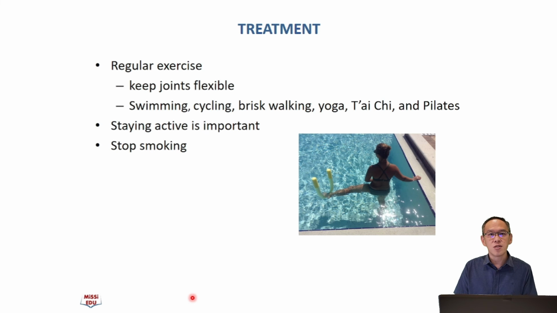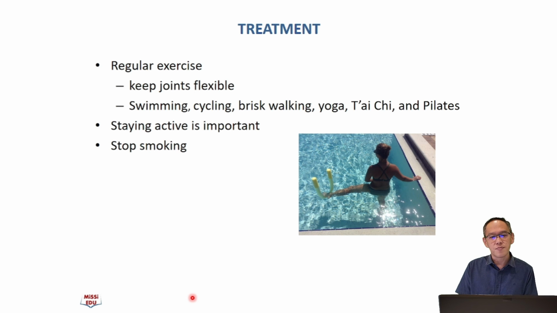There are certain regimes for certain types of arthritis to keep the joint flexible, and usually we recommend non-weight bearing exercise, for example, swimming, cycling, or brisk walking, not so strenuous to the joint, in particular the knee joint. Yoga, Tai Chi, or Pilates are a few that are good exercise to help arthritis.